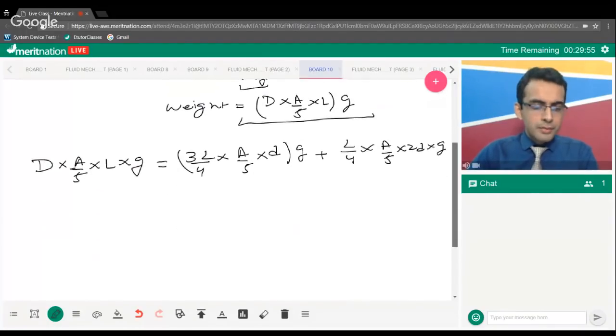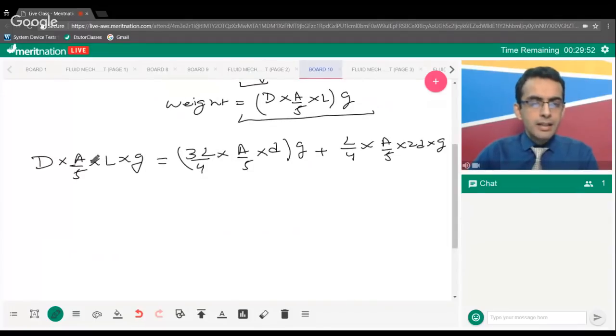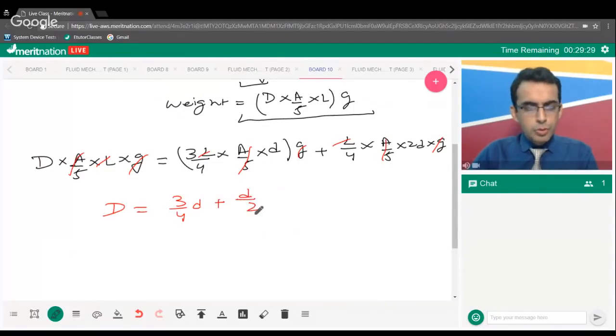From this equation, you can understand that A by 5 can be cancelled from both sides, and g can also be cancelled out from both sides, and also L can be cancelled out. So in the end, what did you get? You get D is equal to 3 by 4 into d plus d by 2.